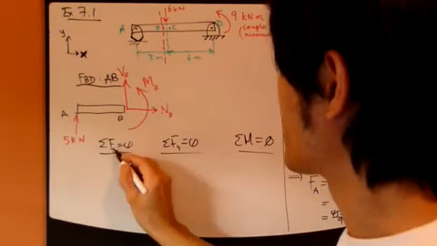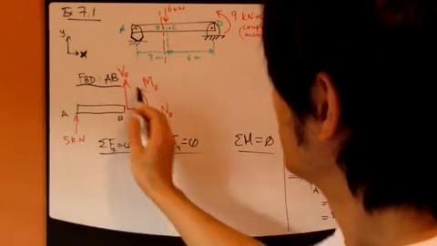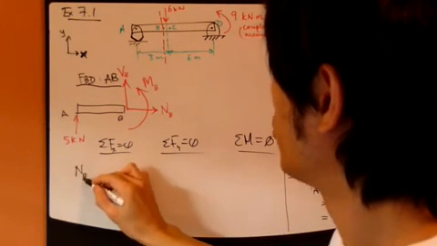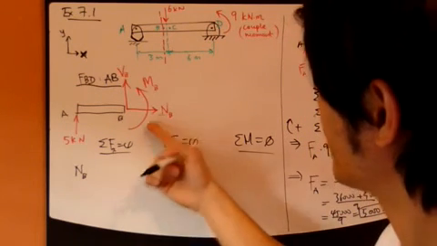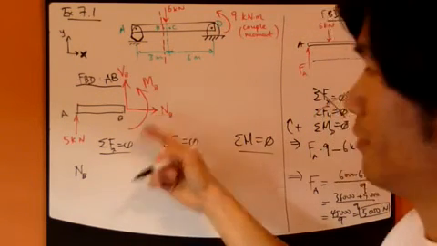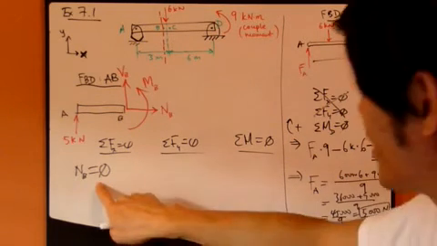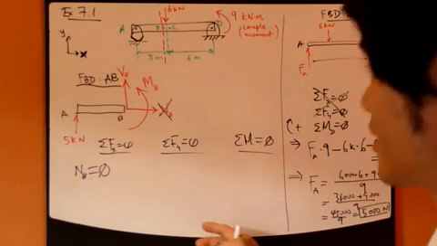So, first equation, sum of forces in the x direction equals 0. Looking at this whole free body diagram, I have normal force or axial force at B. That's it. So NB equals 0. And that's quick, right? NB, by the way, we decided that it doesn't exist.